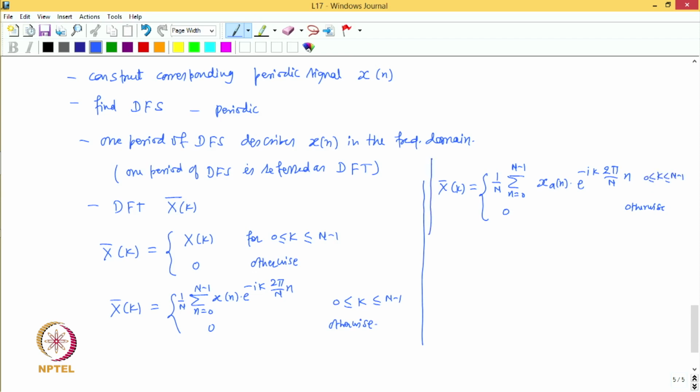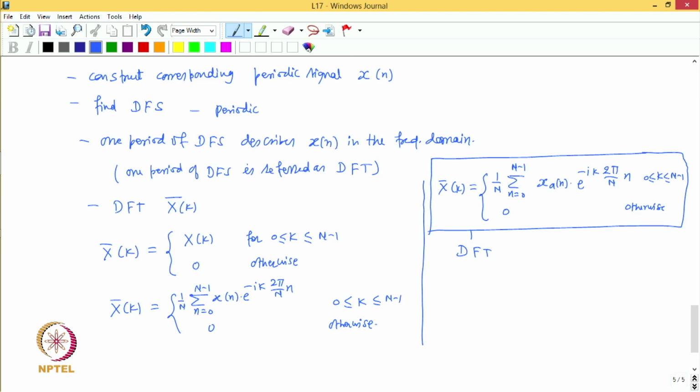So this is nothing but the expression for DFT. This is nothing but DFT. So it means that if a periodic signal xan is given, then we can implement this equation to find the DFT of the signal.